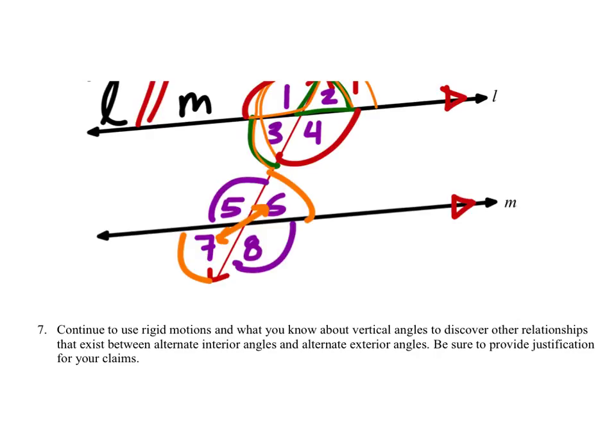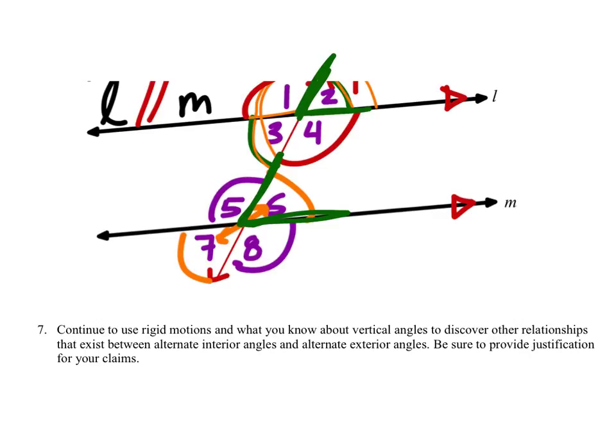So here's what we know: the vertical angles are congruent, right? But we can also see, based on what we had done before with the translation stuff, that angle 2 right here is also the same as angle 6. Now this is only going to be true for parallel lines, not like last time where they were not parallel all the time.